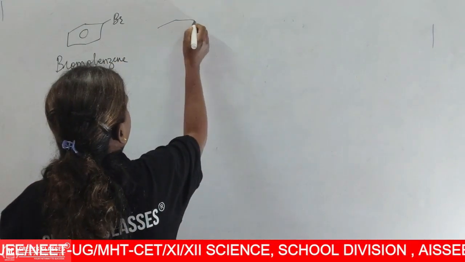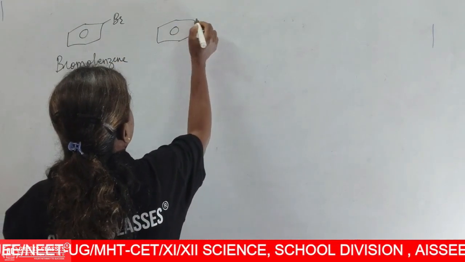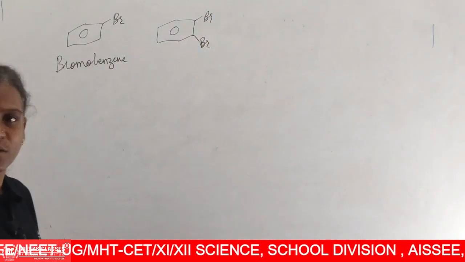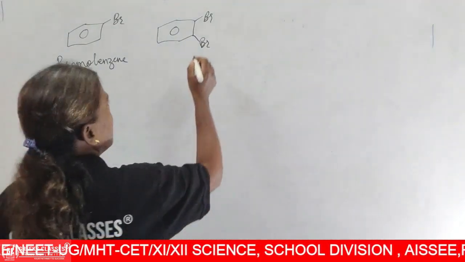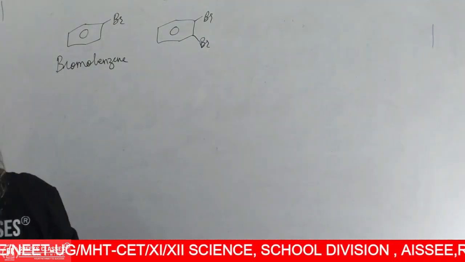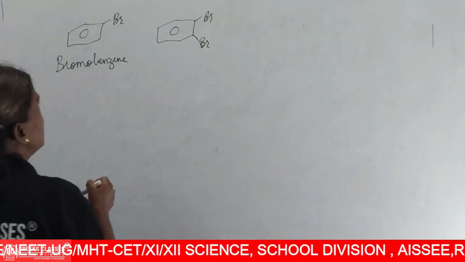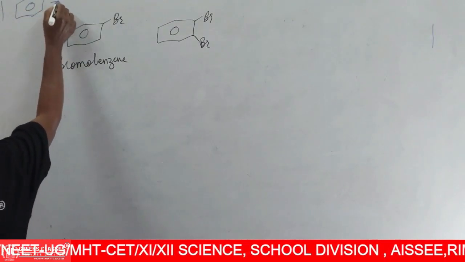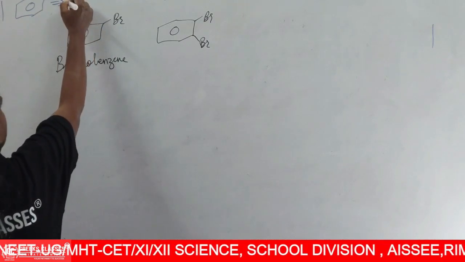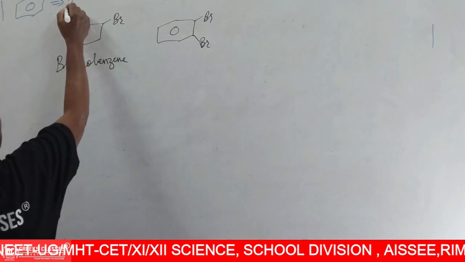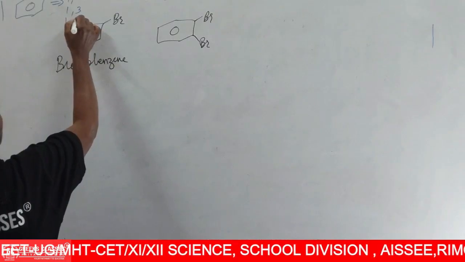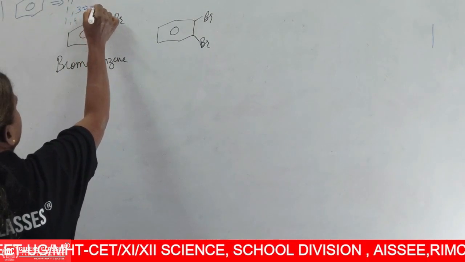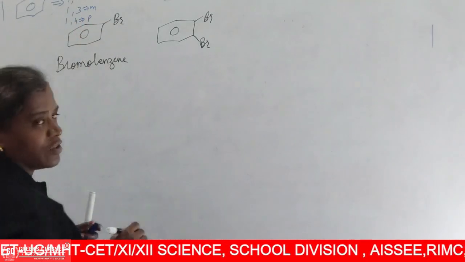Now, if the same aromatic ring has bromine over here and bromine on the neighboring carbon as well, then we all know very well that in an aromatic system, if there are two substituents at adjacent positions, that is carbon number 1 and 2, or 1 and 3, or 1 and 4, accordingly it will take ortho, meta, and para positions.